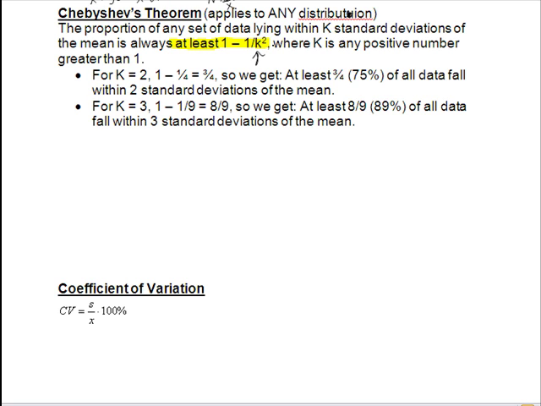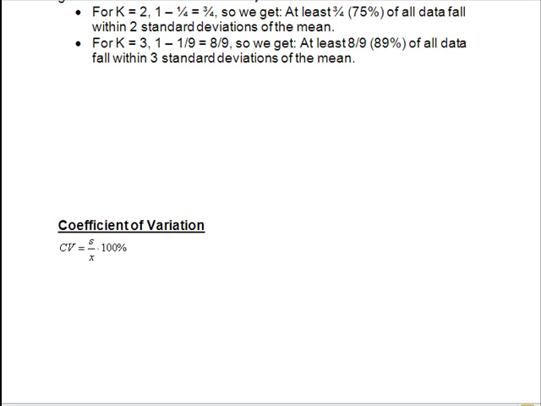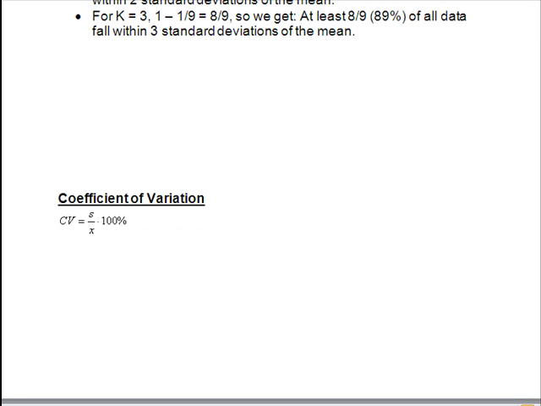So that's our Chebyshev's theorem. And again, that applies to any type of distribution. Okay, finally we have the coefficient of variation. And this particular idea helps us to compare data that is in different units, or like if we want to compare an SAT score to some other testing score, we can do it using the coefficient of variation.